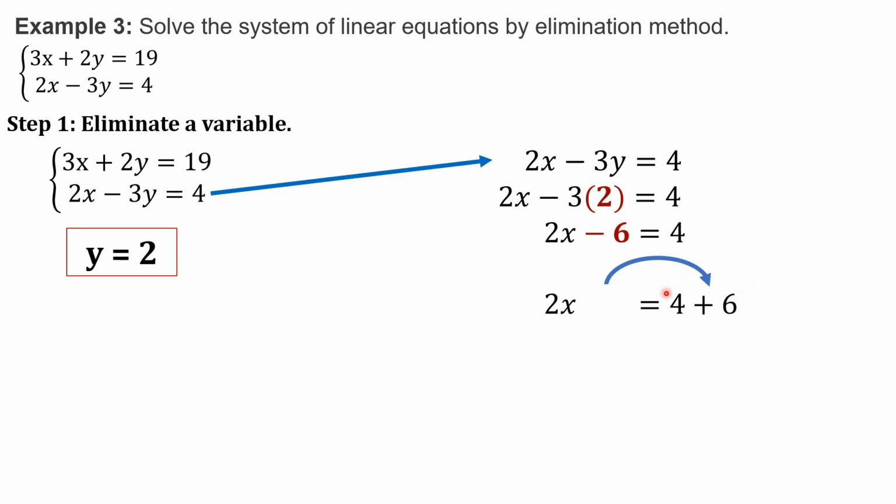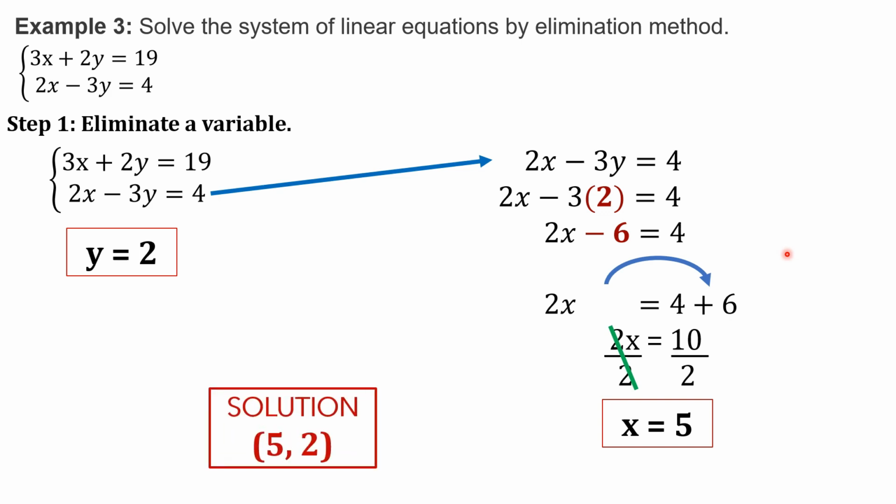Then combine it with positive 4, you will have positive 10. Just bring down 2x. After that, since we're solving for x, divide both sides by 2 to cancel 2. Now we only have x equals 5. Therefore, the solution for this system of linear equations is 5, 2. 5 for x and 2 for y.